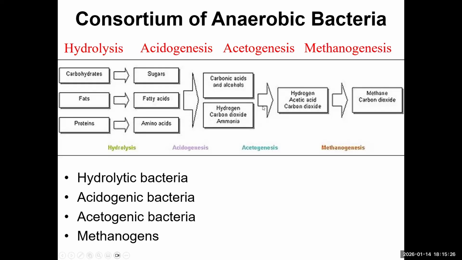And then in acetogenesis, those volatile fatty acids are broken down into acetate, hydrogen, and carbon dioxide. And this is what's needed to create that methane-enriched biogas. So remember, it's just a 4-step process to produce this methane-enriched biogas.